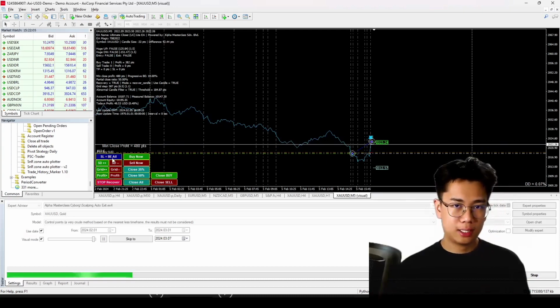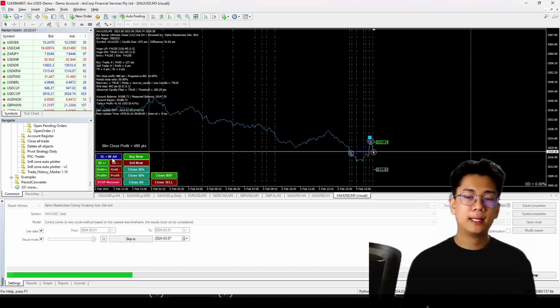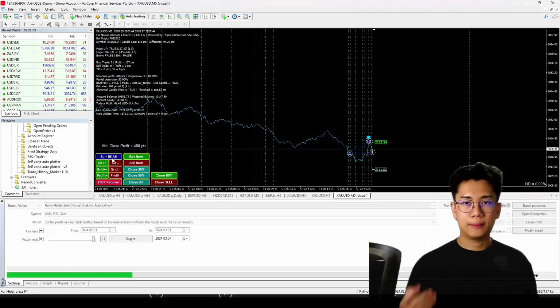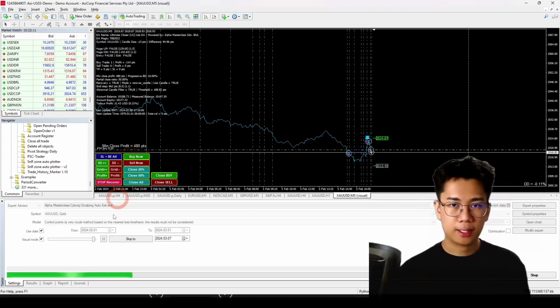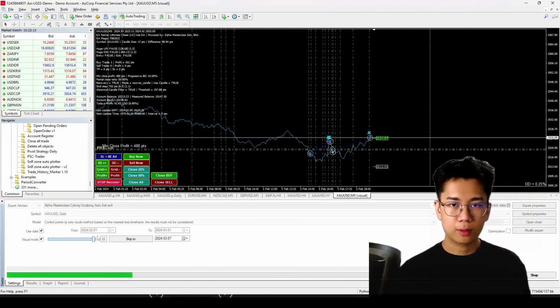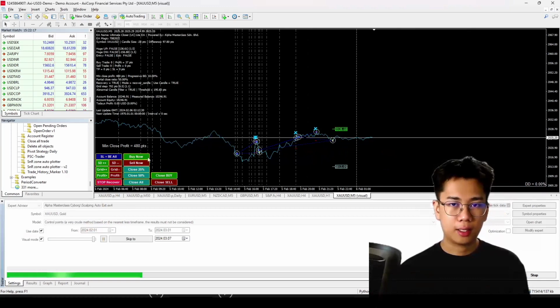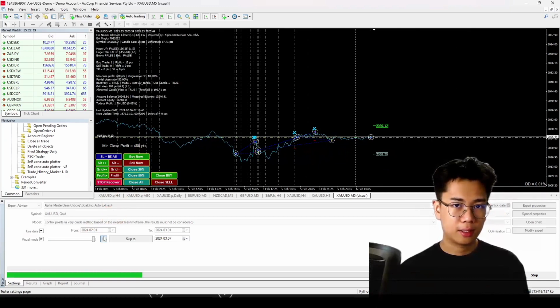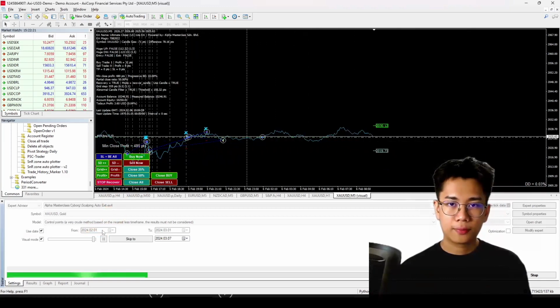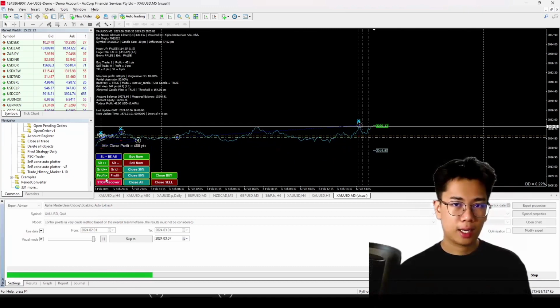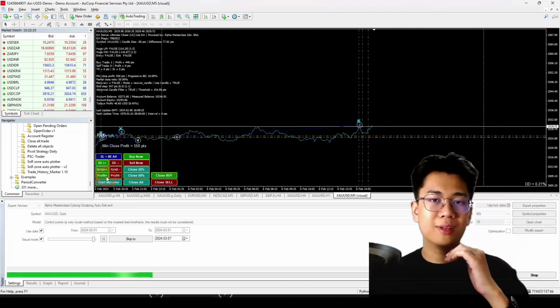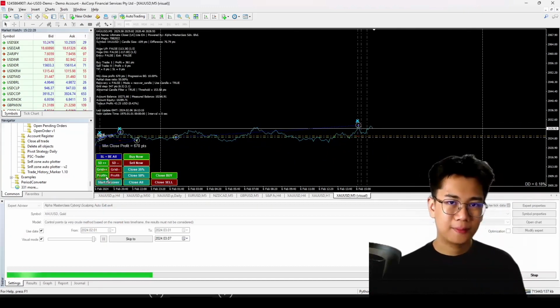And this one is very interesting. Let's say that you have opened a buy trade. Okay, let's do example buy. I do more trades and I'm in profit already. Okay, I increase the profit to very far.